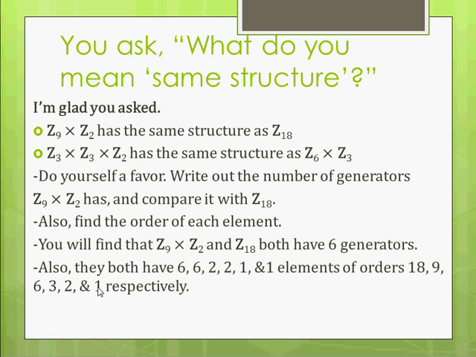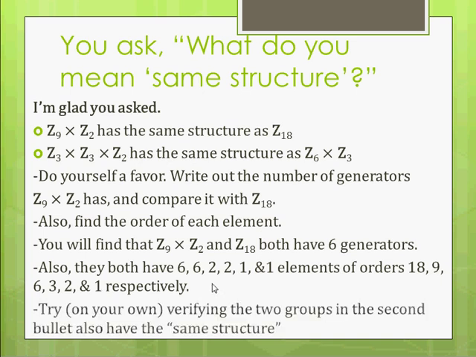It's really interesting. I can't tell you, it's really interesting to me. But I think you should try the second one on your own. If you didn't try the first one on your own, you should try the second one. So you should write out the elements of Z3 cross Z3 cross Z2, and they look like 0, 0, 0, 0, 0, 1, 0, 1, 0, 0, 1, 1, 0, 2, 0, 0, 2, 1, and so forth.